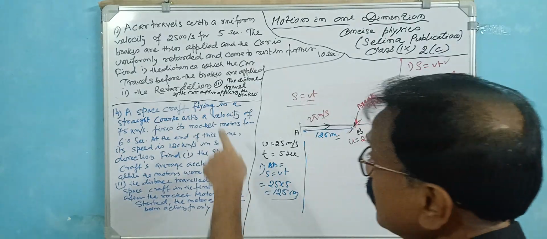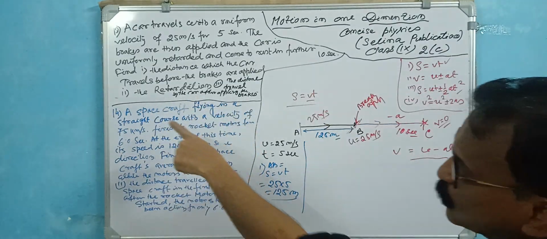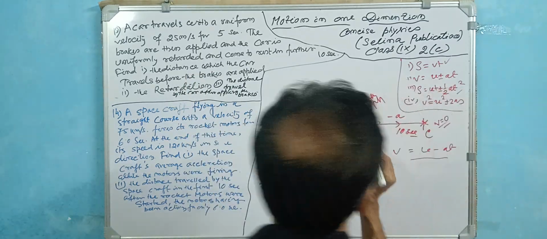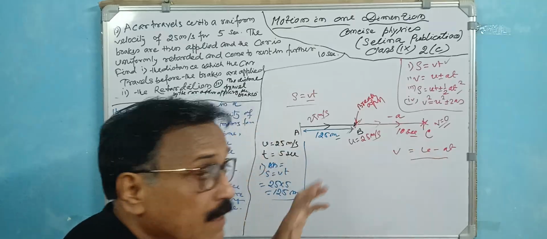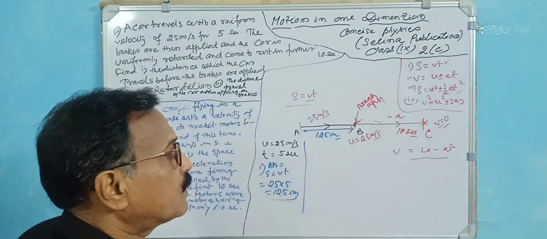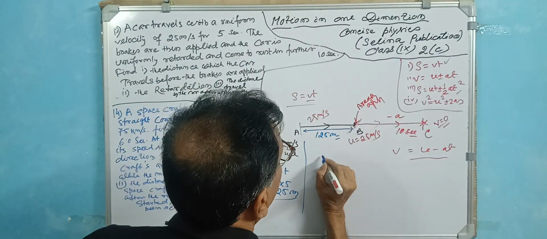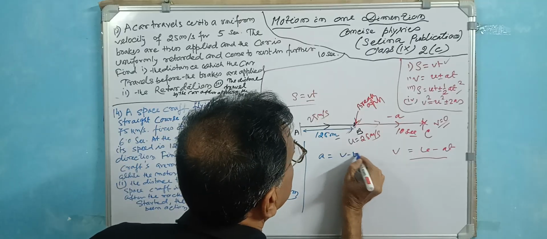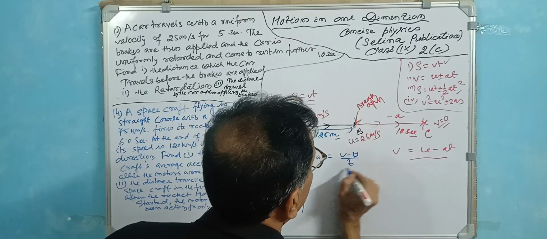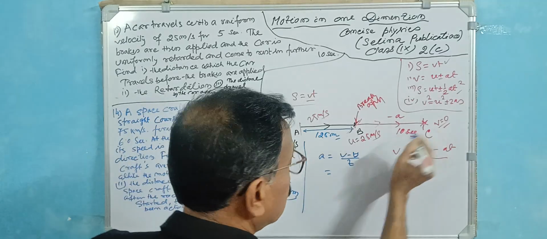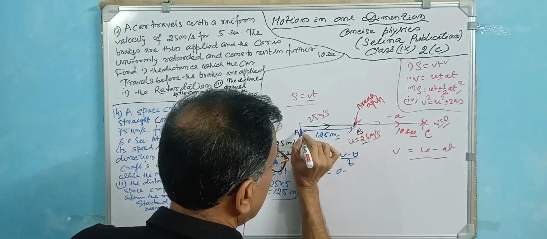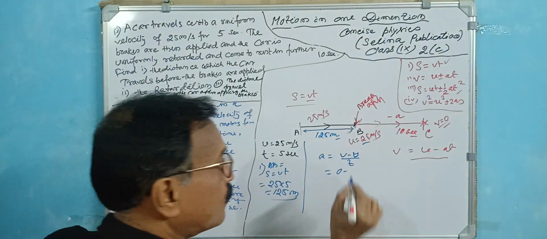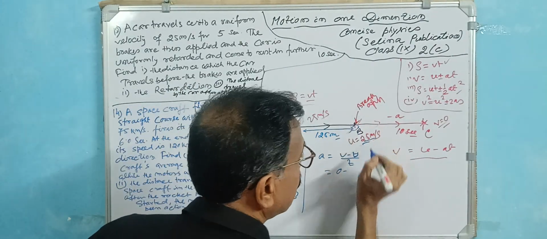Now here, between B and C, the brake is applied, so there is a retardation, that means negative acceleration. You know A is equal to V minus U by T. The final velocity is 0. The initial velocity is 25 meter per second, because before braking there is no acceleration or retardation, so it is also 25 meter per second.